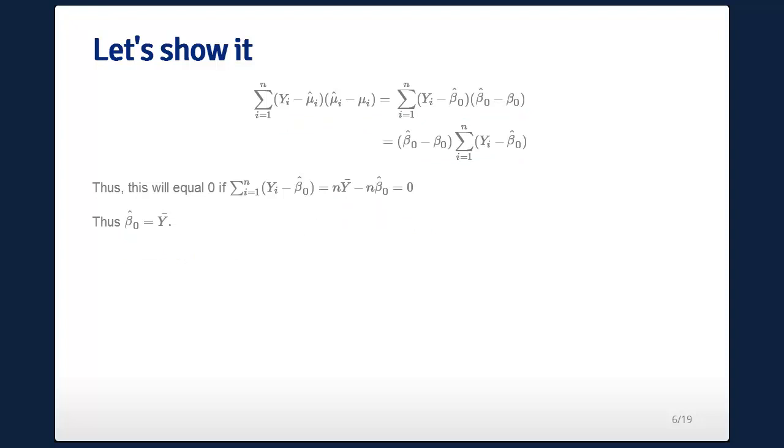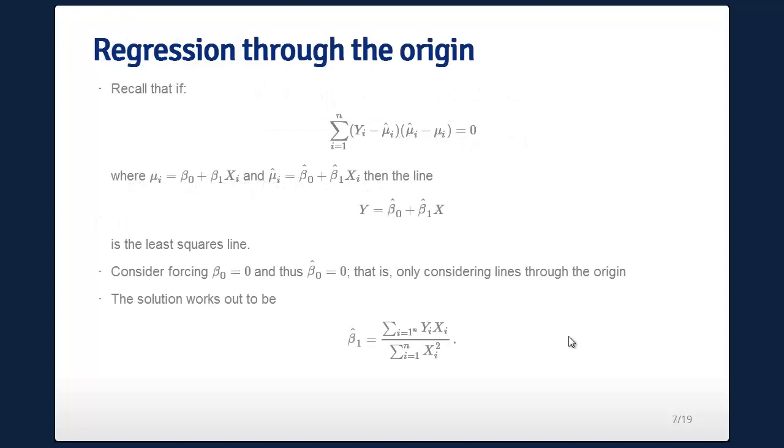So exactly like we did it previously, only now we've created a somewhat automated way of doing it. We just have to parameterize our mean mu i hat, and then show that that equation equals 0, and then we've got it. So it gives us more of a constructive way to do it rather than before when we had a sort of trick. Okay, so now let's do regression through the origin.